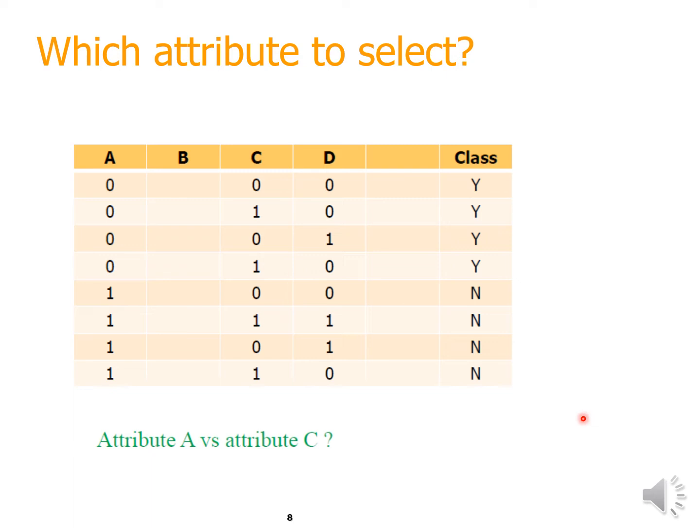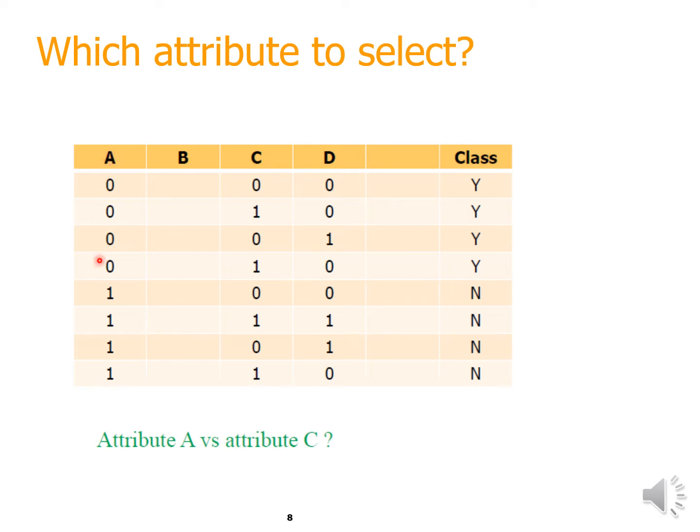And we have a class, the target attribute, with class labels Y and N. If you look carefully at attribute A, if the value of A is 0, then every class value is Y. If attribute A is 1, then every class value is N. So this is very simple.